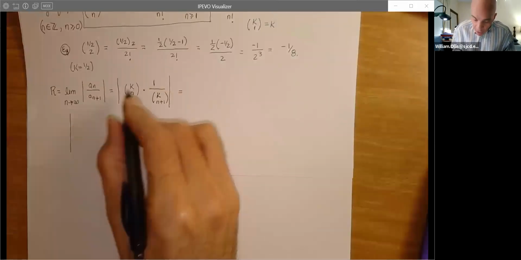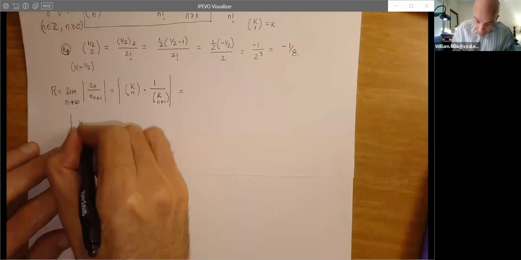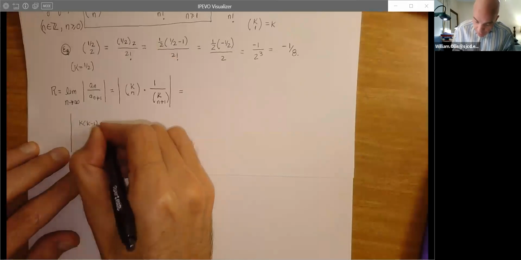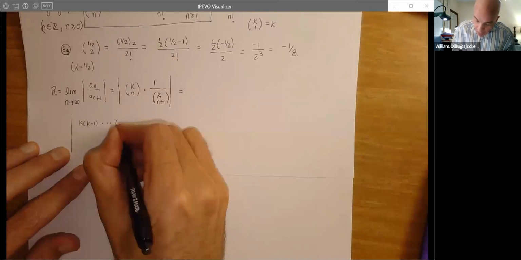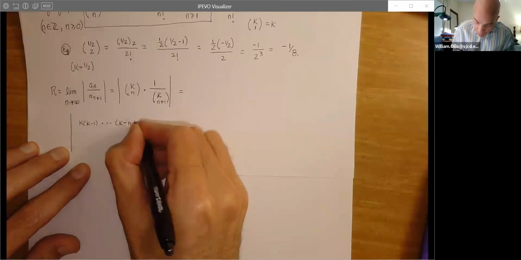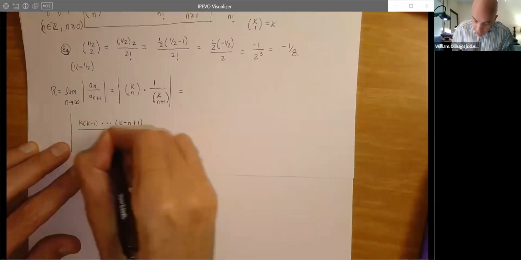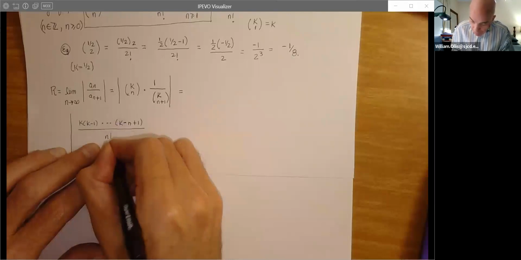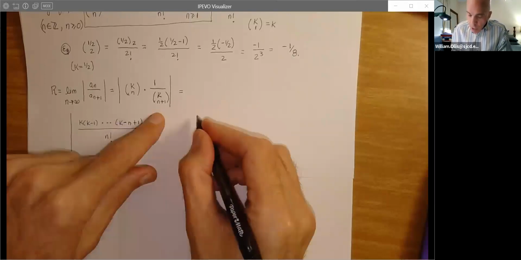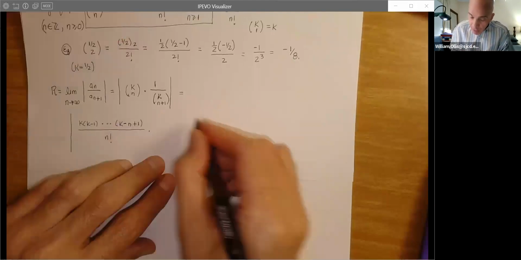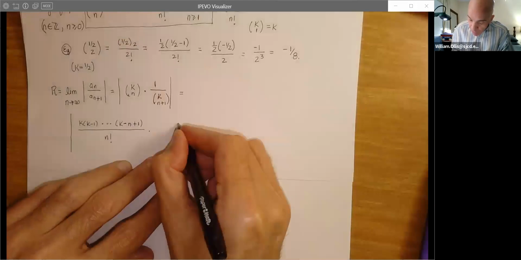So now, if you like, spread this out so you can see it. k choose n we have right here. So we have k, k minus 1, and then k minus n plus 1, divided by n factorial. And now we want to flip this over. So this just gets flipped. But now instead of n factorial, we have n plus 1 factorial.